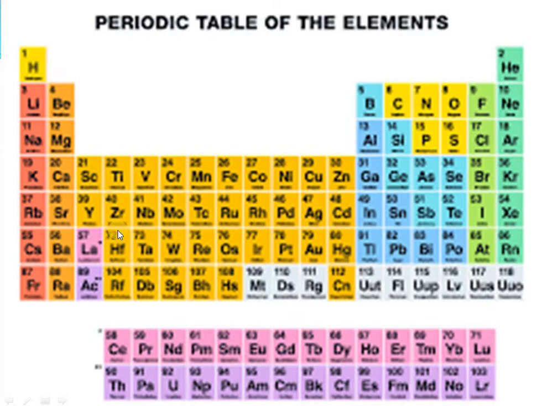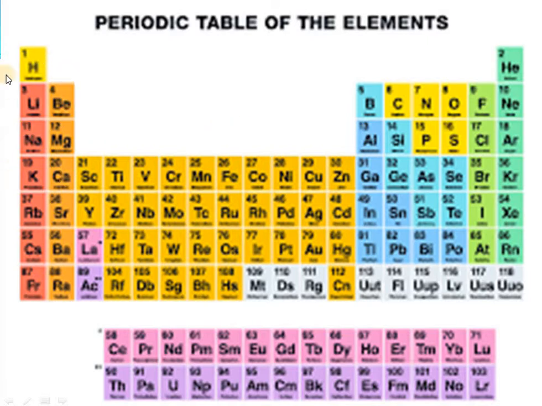So in the modern periodic table, we have 7 periods and 18 groups. We have to concentrate our study on the first 20 elements. Which are the first 20 elements? Hydrogen, helium, lithium, beryllium, boron, carbon, nitrogen, oxygen, fluorine, neon, sodium, magnesium, aluminium, silicon, phosphorus, sulfur, chlorine, argon, potassium, calcium.